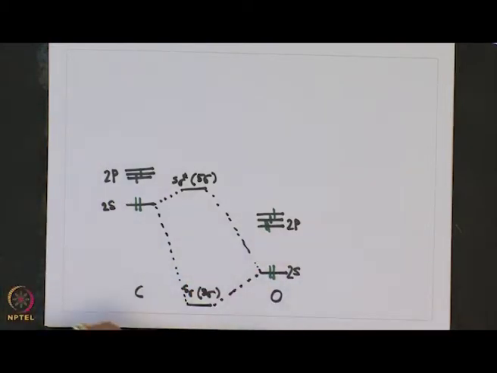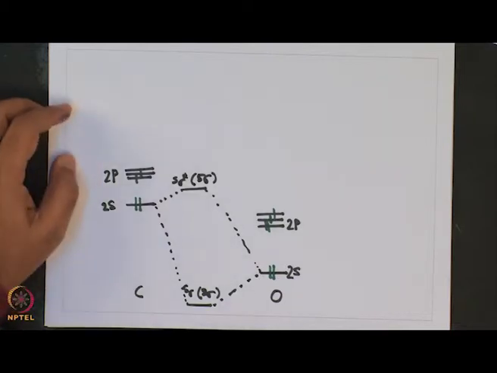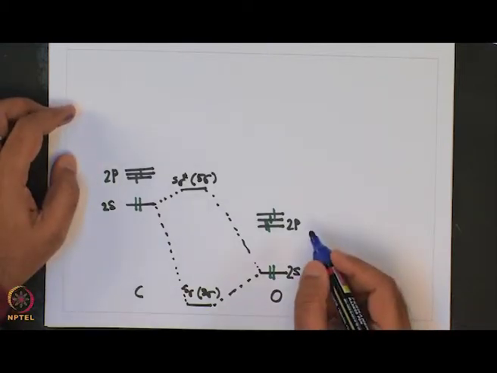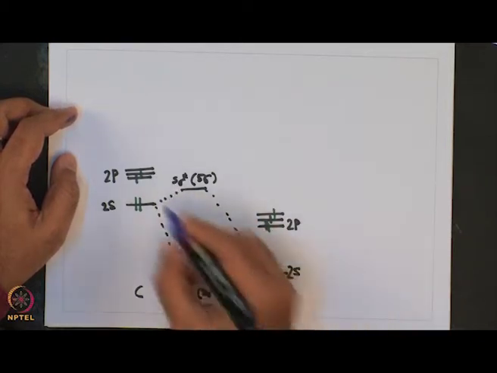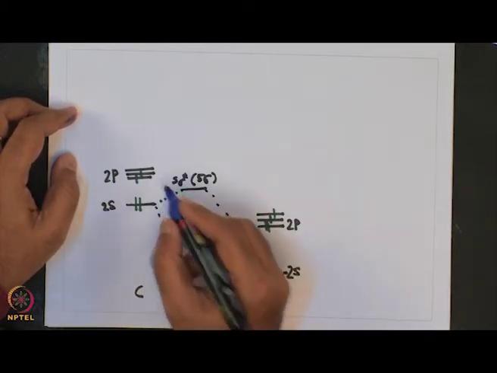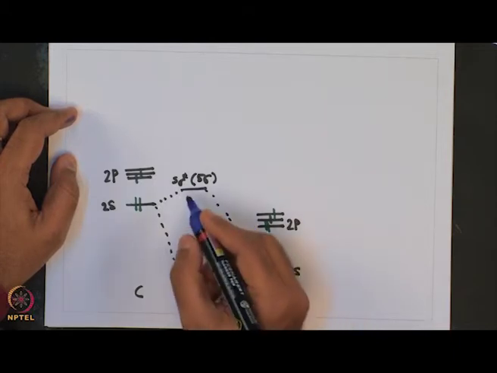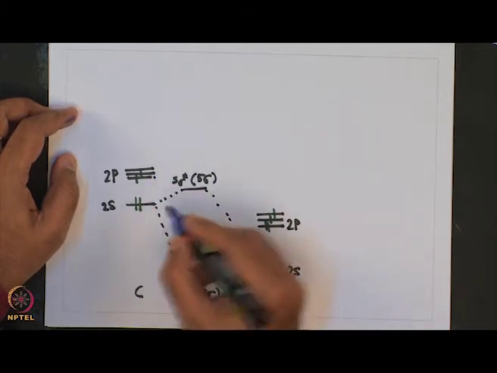Okay. Now, as far as the p orbitals are concerned, there is one sigma and 2 pi interactions. So, first is the pz interacting with pz, giving the p sigma orbital.